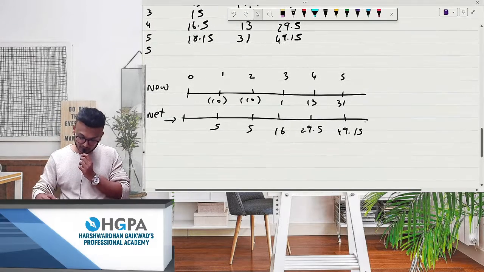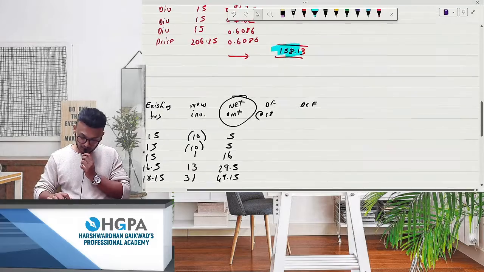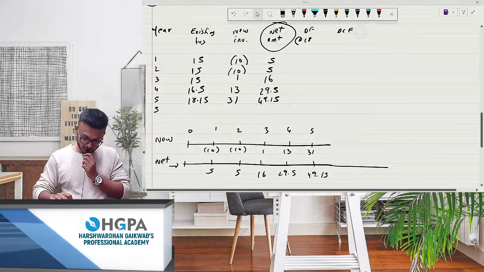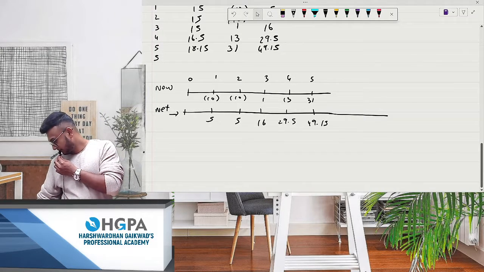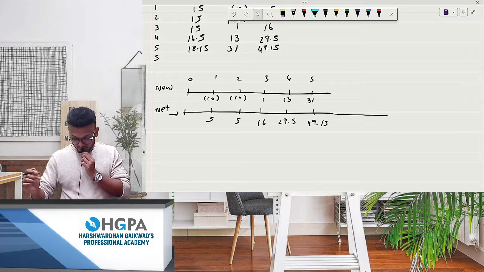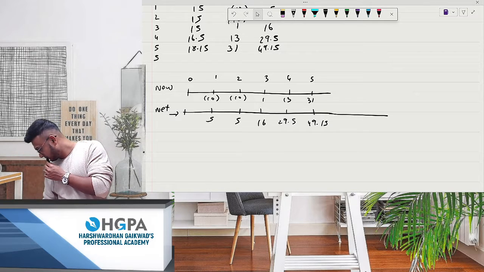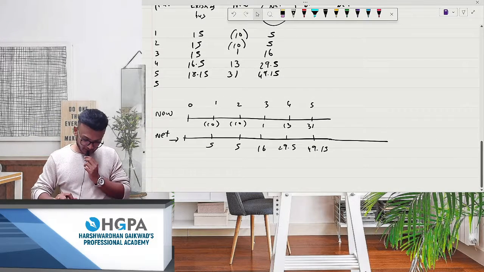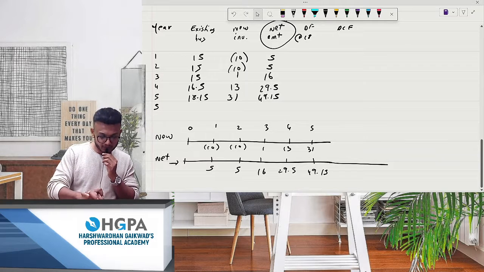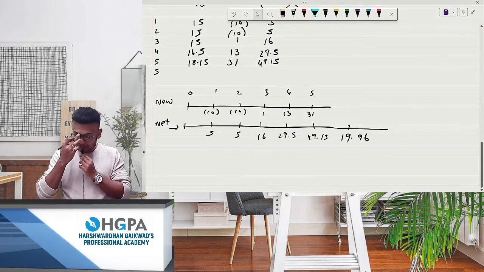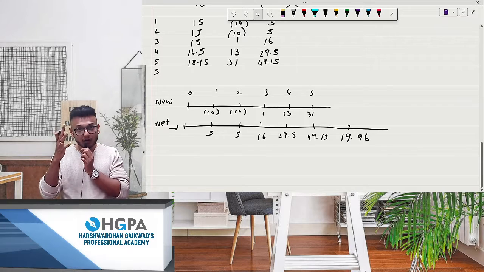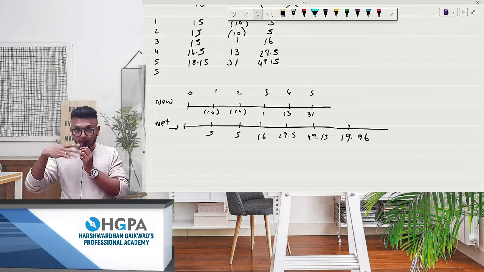One second, let me check. Where is my dividend amount? 18.15 plus 10%. This is 19.96, because that's the only figure over there, because there is no cash flow over there, and that is after perpetuity is going on.